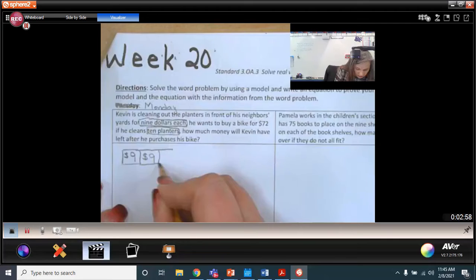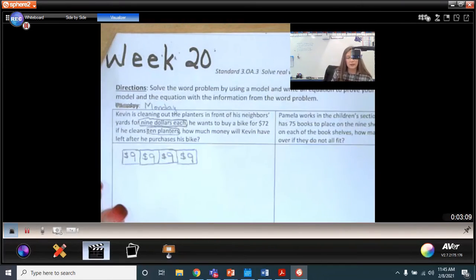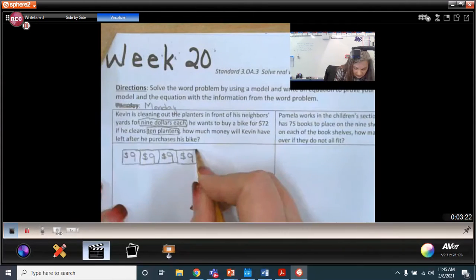So that tells me that over and over again, he's getting the same amount each time he cleans out a planter. What does that tell you that we're doing as far as an operation? If you said multiplication, you'd be correct, because we're repeatedly adding $9 every time he cleans out a planter.